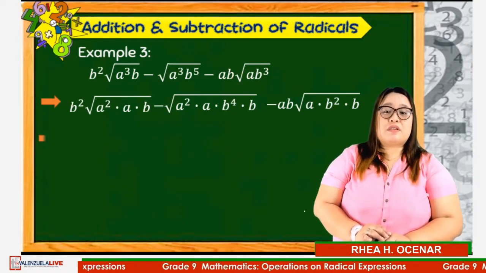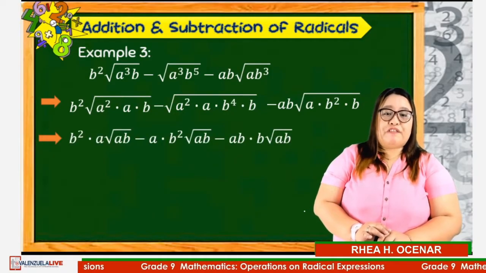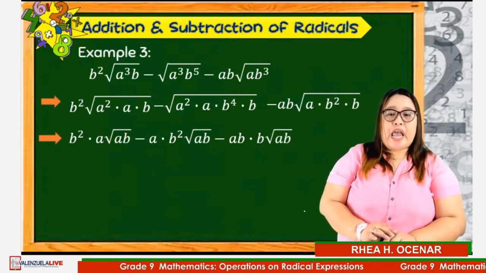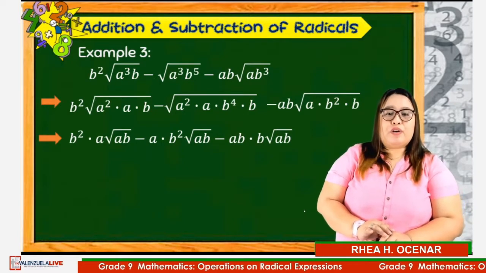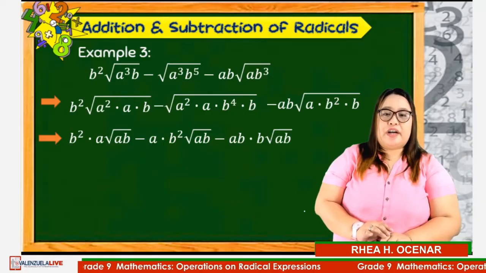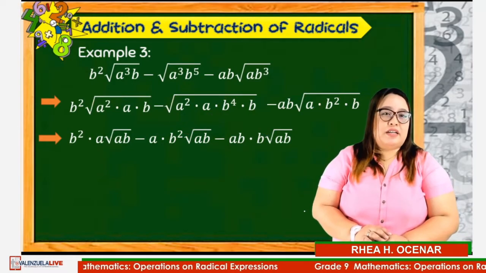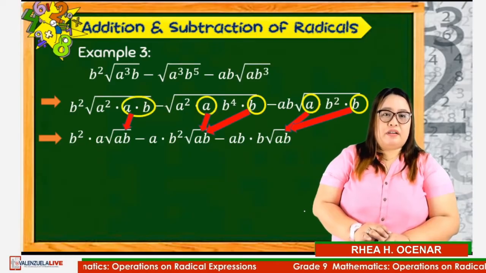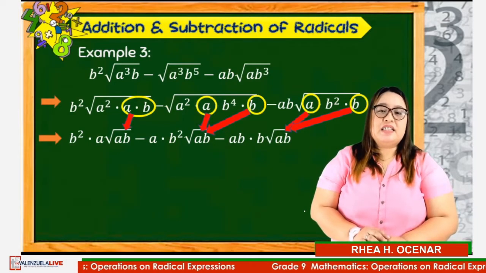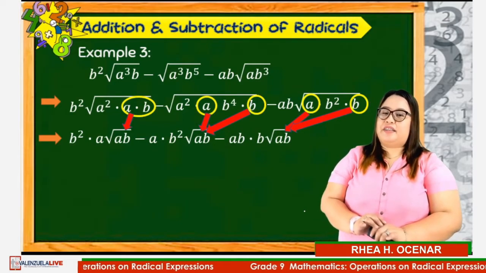Extract the roots of the perfect square factor and multiply to the coefficient outside the radical sign. The non-perfect square will remain inside the radical sign.